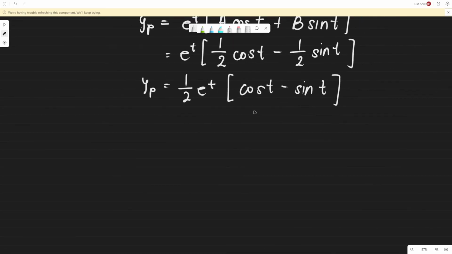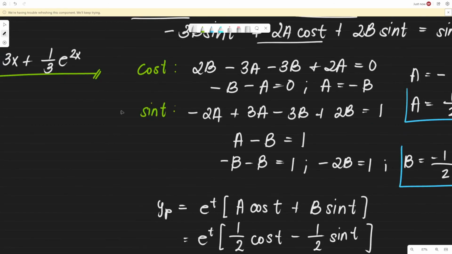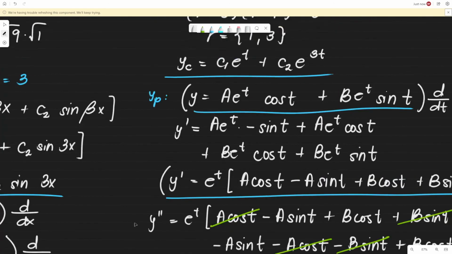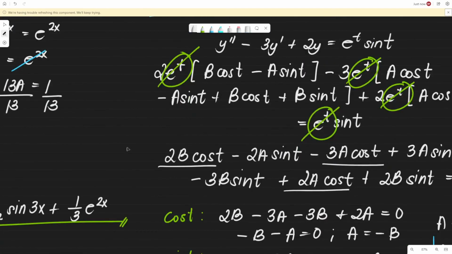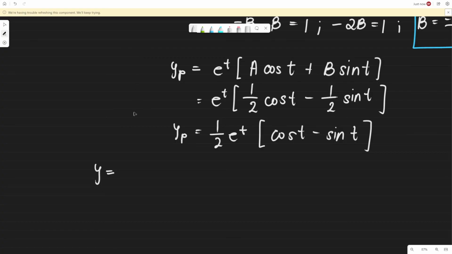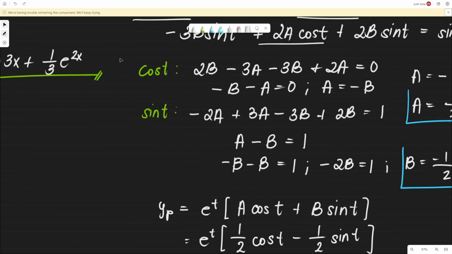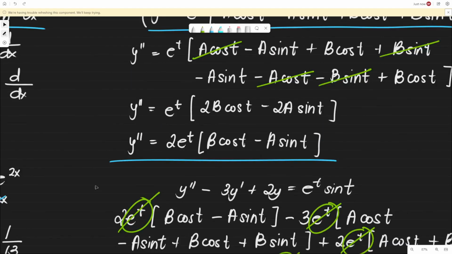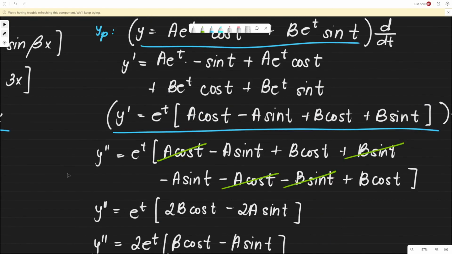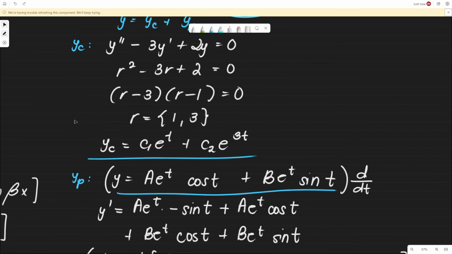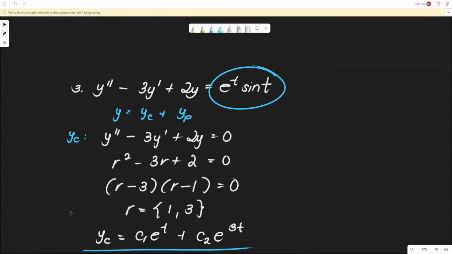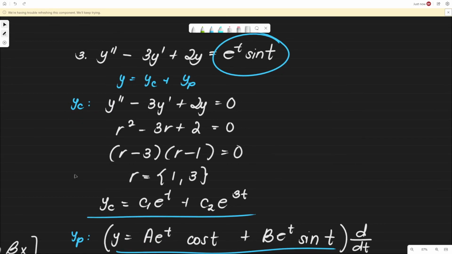Okay, so substituting, so we have y. So what's again our yc? Y sub c. Nakuha kanina. So y sub c is c1 e^t plus c2 e raised to 3t. Tama ba? Let me double check. Ayan, okay.